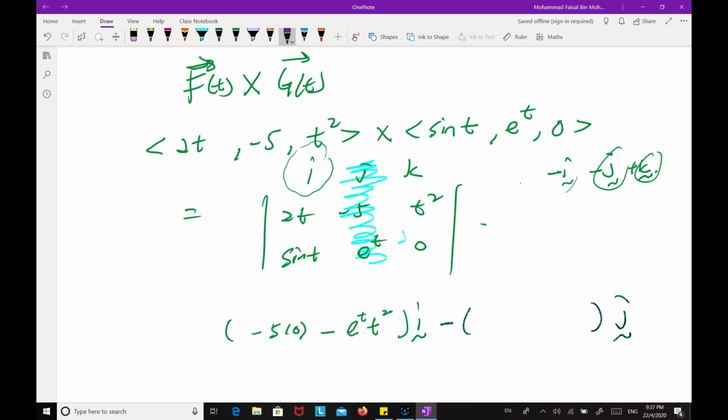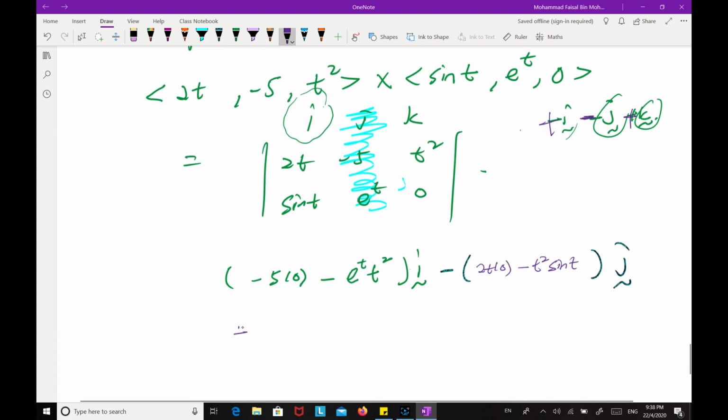So the determinant will be 2t times 0 minus t squared times sine t. And then lastly, remember we have plus minus plus, k.